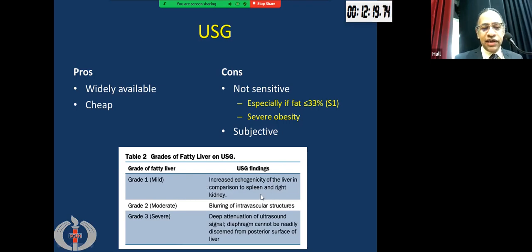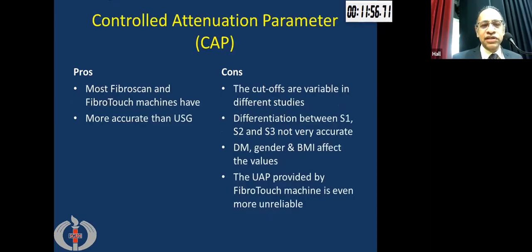Grade 2 is when there's a blurring of the intravascular structures like veins in the liver. And grade 3 is when there's deep attenuation of the ultrasound. That means even the diaphragm cannot be properly discriminated from the liver. But there's definitely a lot of subjective variation between performers.